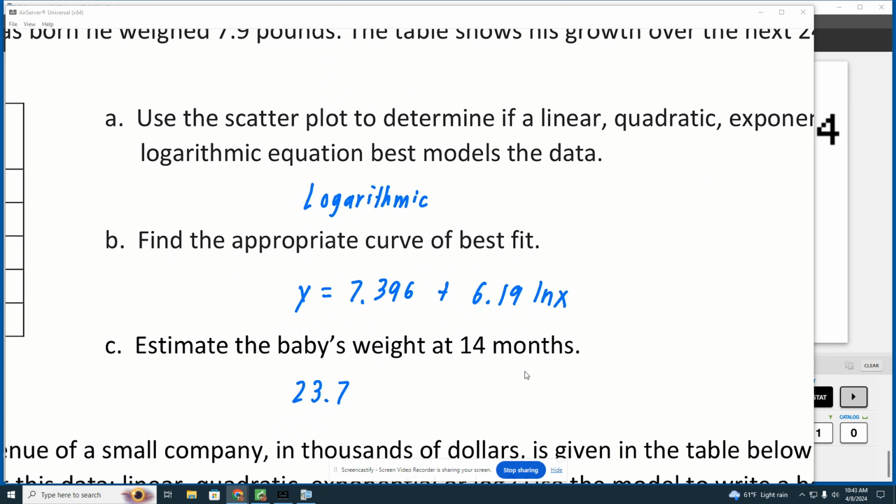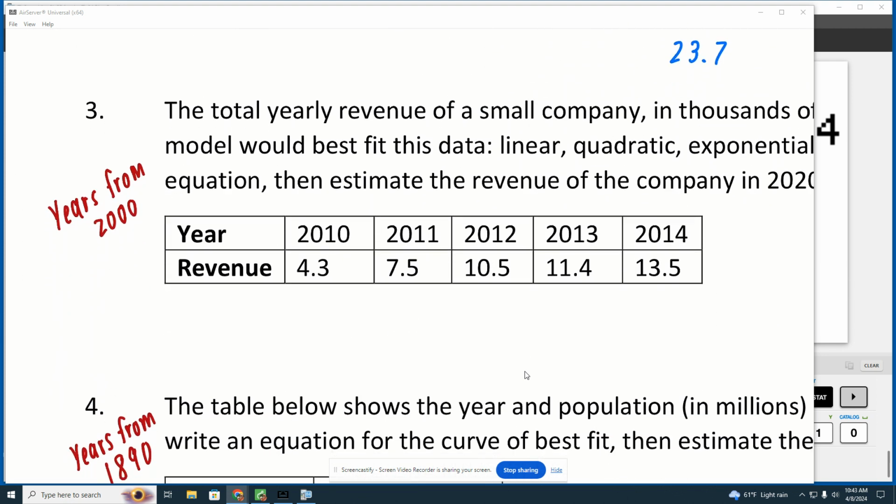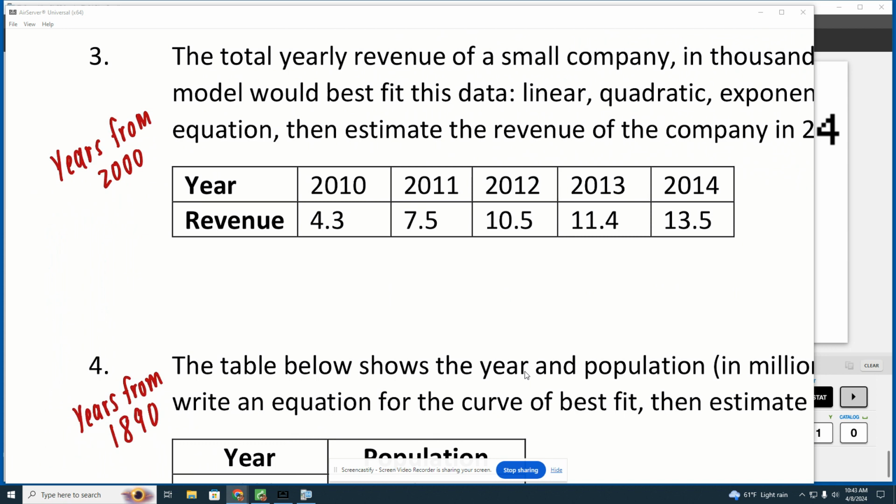Now, same for number 3 and 4. If you were here on Friday, I asked you on 3 to do years from 2000, and on number 4, years from 1890. If you use the same years from that I do, our values should have been very close to the same thing. So what did y'all get on number 3?